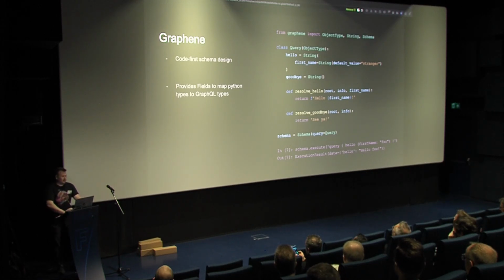In this example, it's very simple, of course, but it's the first slide. What you do here is define what is in the object type and what is queryable on that query. In this situation, I have hello and goodbye properties that I can fetch in this schema.